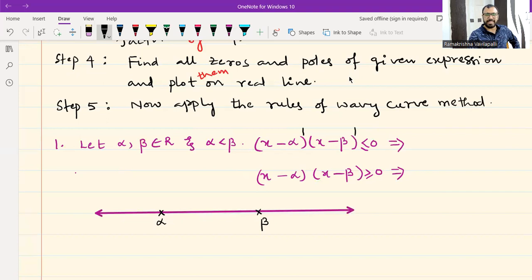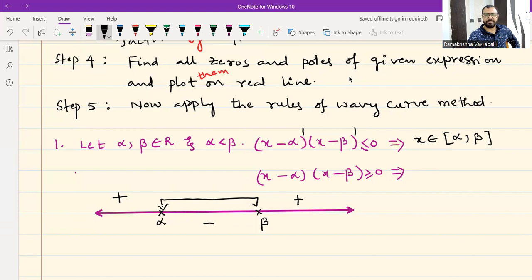So the rightmost is always positive, right? You can directly write negative sign and here positive sign. We want that this expression is less than or equal to 0. So if you take any value between alpha and beta, then the expression is negative. So here x belongs to, directly you can write, alpha to beta.